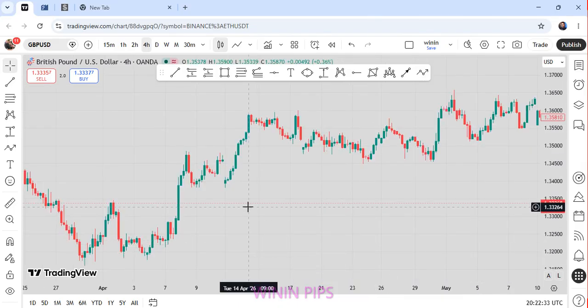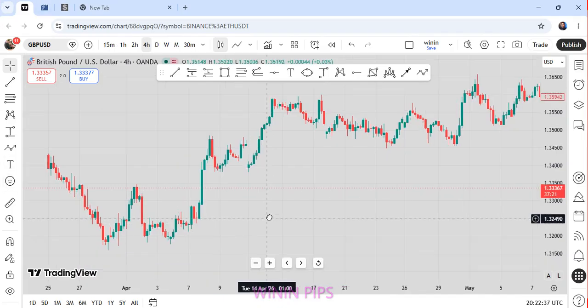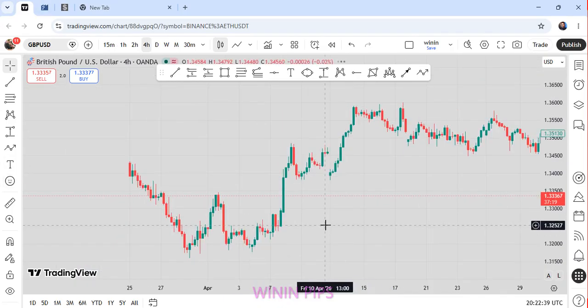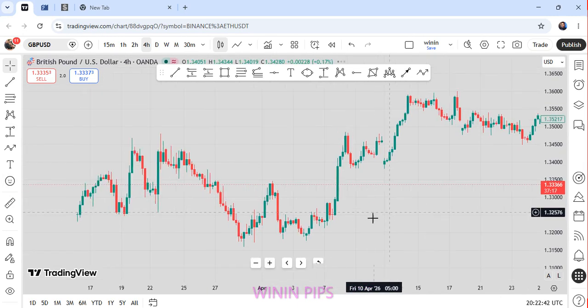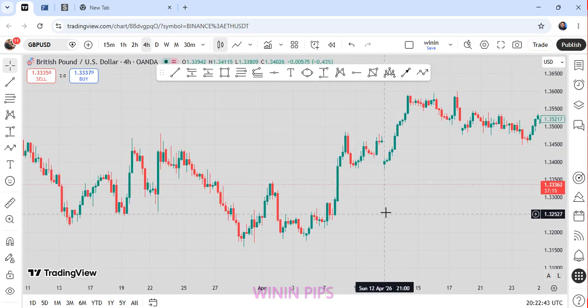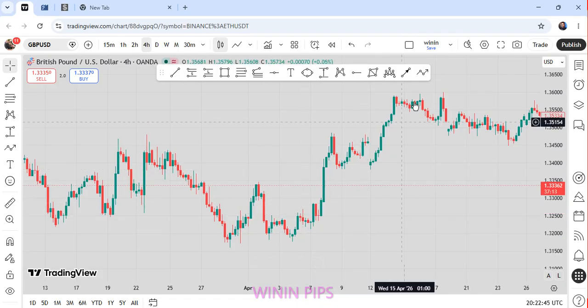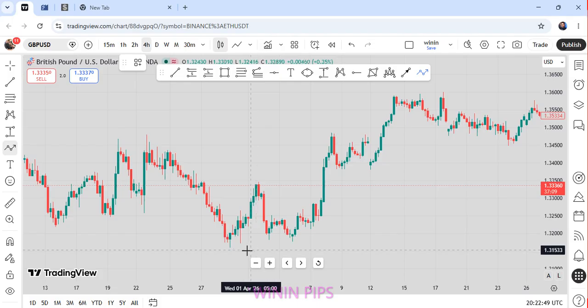Alright, so let's look at how the chart moves. Price action. Let's quickly grab our path tool. So this is where the market starts from.